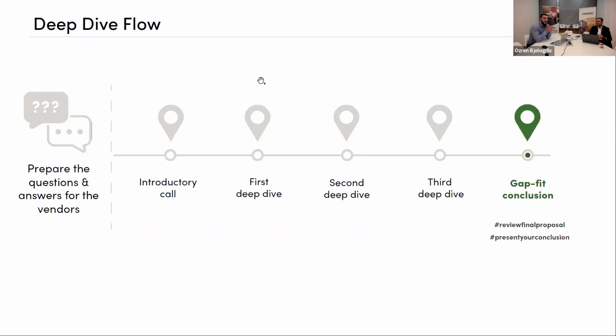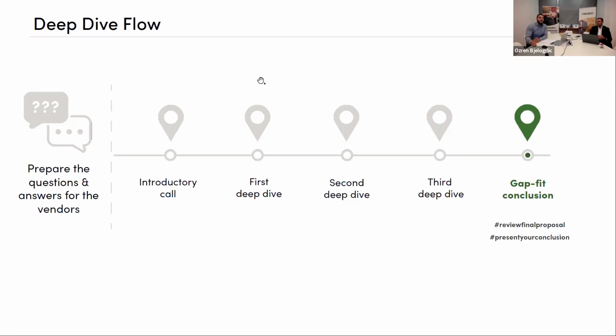So usually from the introduction call to the first deep dive, the vendor is going to ask you about your operations: when does your season start, depending on various crops? They will get a good understanding, or they will have experience about the specific season lengths of crops. At the same time, they also have responsibilities to you if you agree with them on contracts to implement the software, so they have their own process.